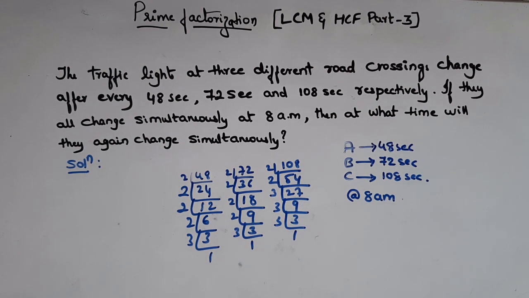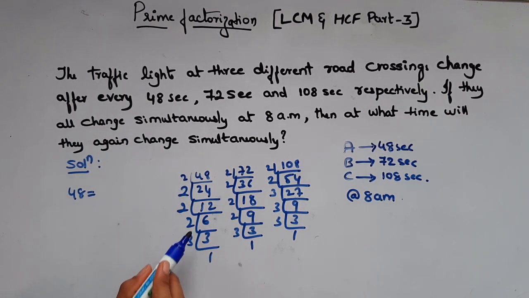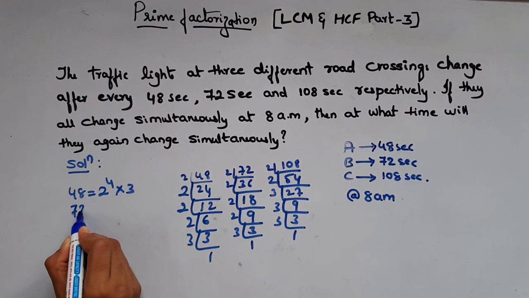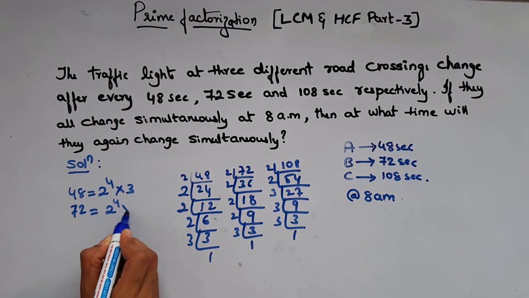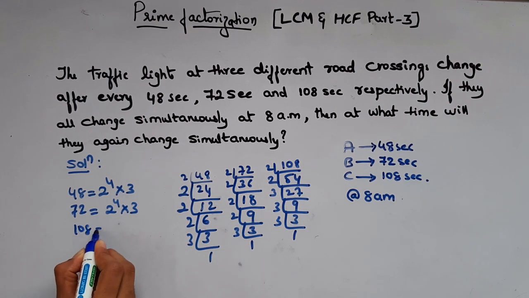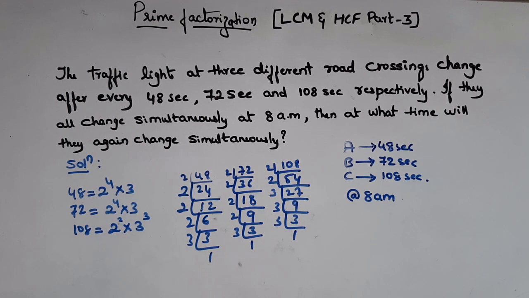So 48 can be written as 2 power 4 into 3, and 72 can be written as 2 power 3 into 3 power 2, and 108 can be written as 2 power 2 into 3 power 3, right?